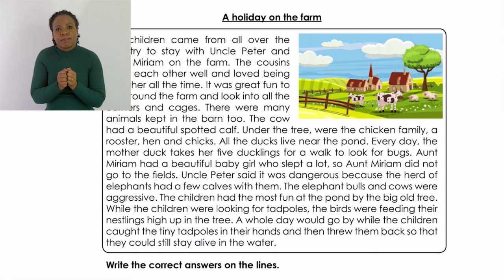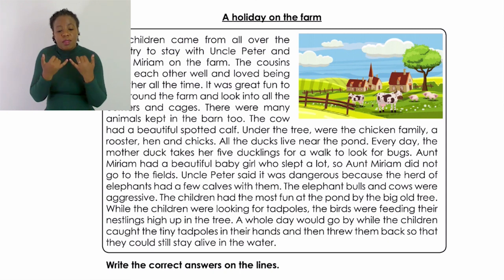The children had the most fun at the pond by the big old tree, while the children were looking for tadpoles. The birds were feeding their nestlings high up in the tree. A whole day would go by while the children caught the tiny tadpoles in their hands and then threw them back so that they could still stay alive in the water. That is our comprehension, boys and girls.